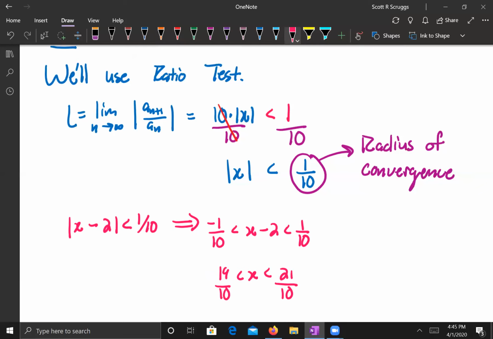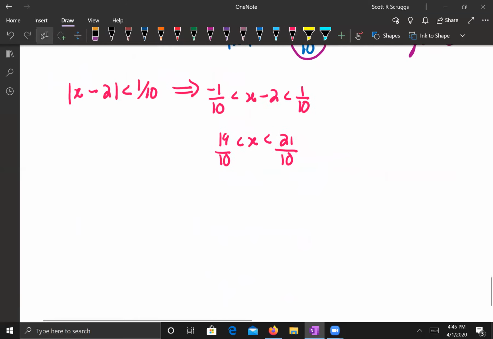Therefore, when we do our work, it's going to shift what our interval of convergence is based on what our center is. So you're exactly right.